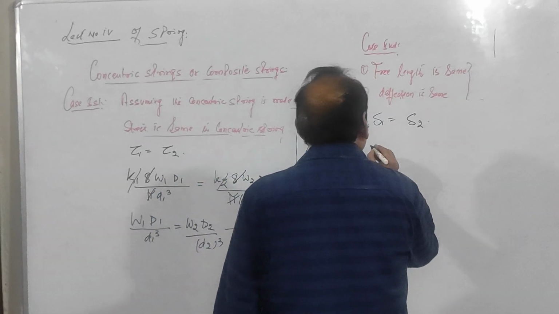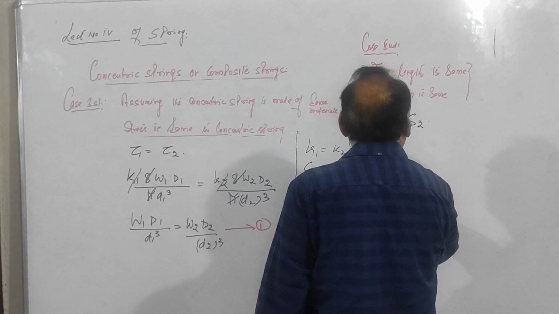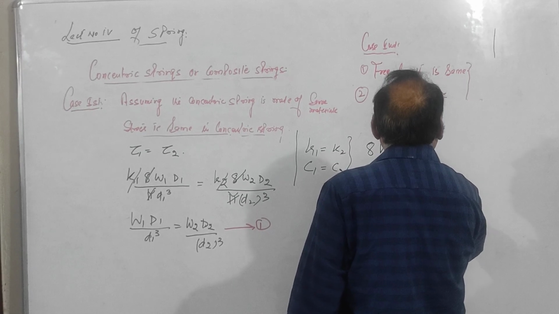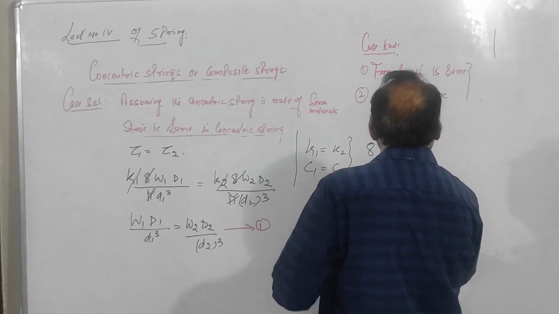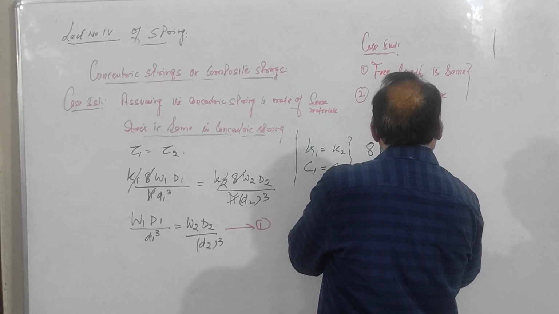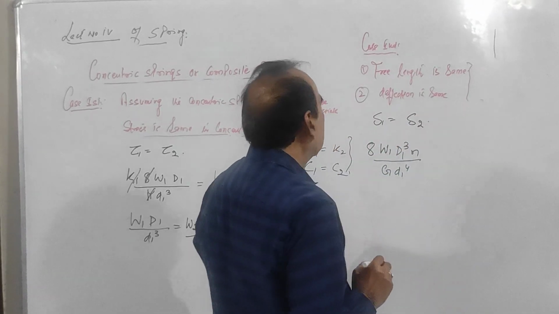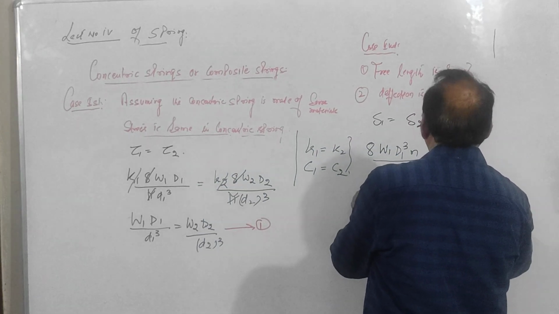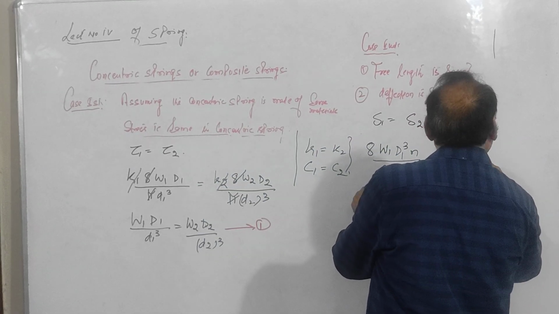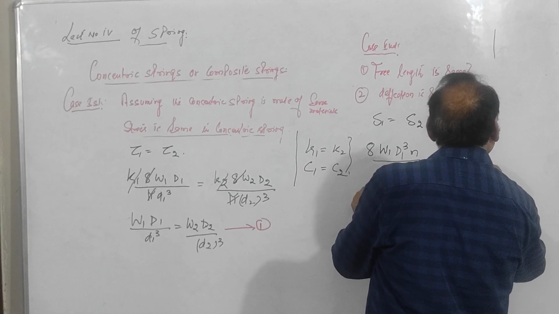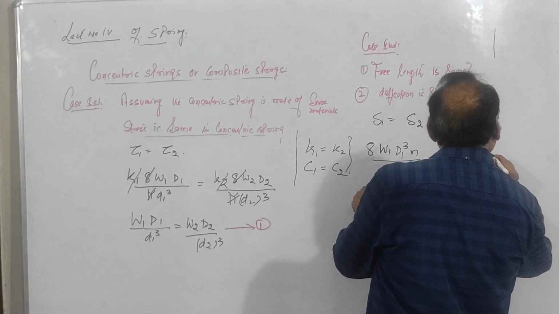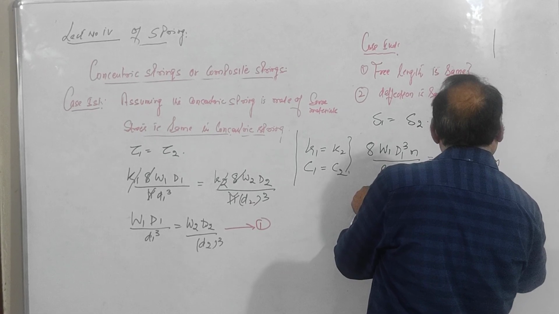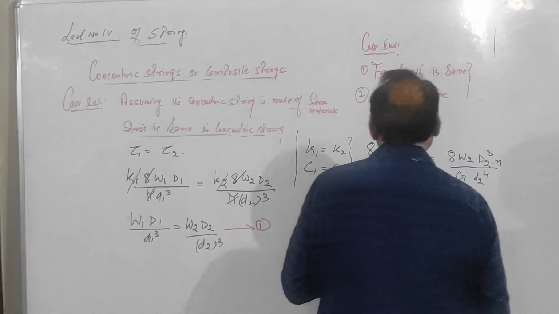So delta 1 is equal to आप ऐसे लिखें 8 W1 D1 cube into N1 upon G D1 raised to power 4, right? So this is equal to 8 W2 D2 cube into N2 upon G D2 raised to power 4, right?